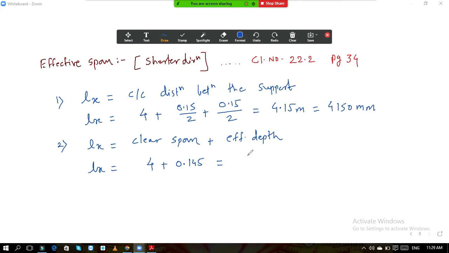Which is nearly equal to 4.145 meter, which is equal to 4145 mm. So the lesser of these two you can choose. After that, we will calculate the effective span in longer direction.